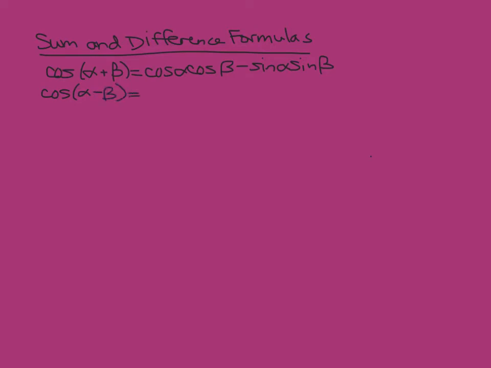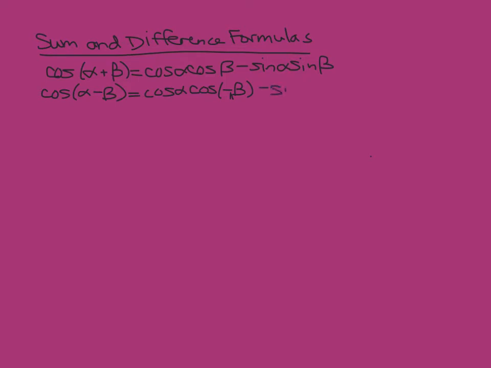I'm going to show you the intermediate step. You don't actually need to write it down, but I want you to know where it comes from. So what I can do is I can use that first identity, substitute in negative beta, that's the Greek letter beta, it looks like a B, for my second term.